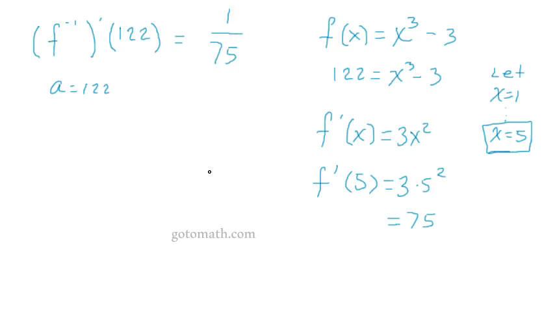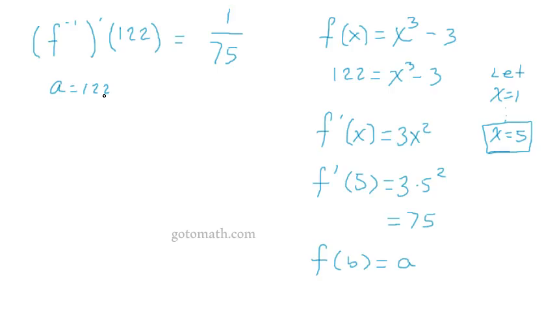I'm trying to work these problems out a little bit differently, so maybe you see a different light every time. But remember how things went here. It was f of b equal to a.